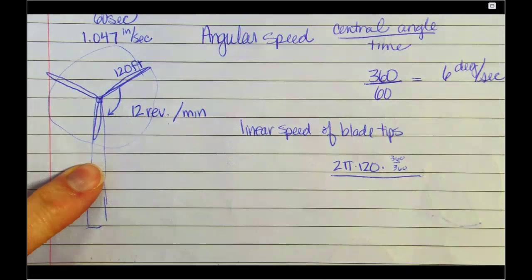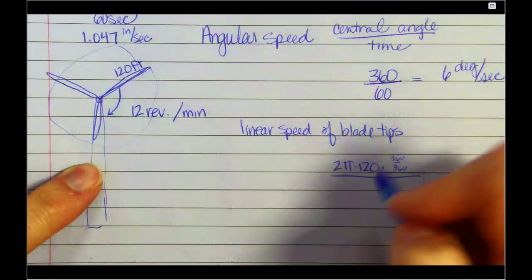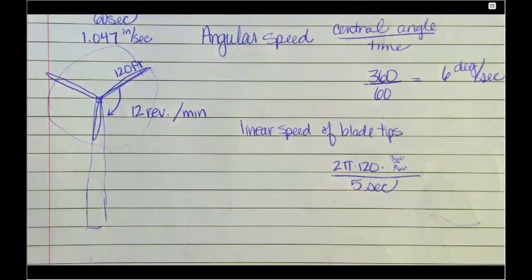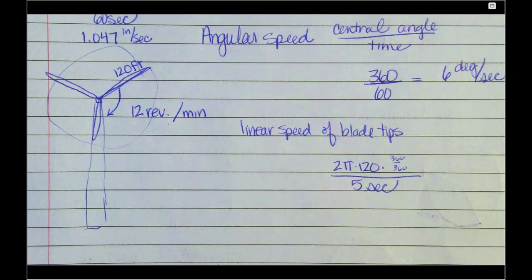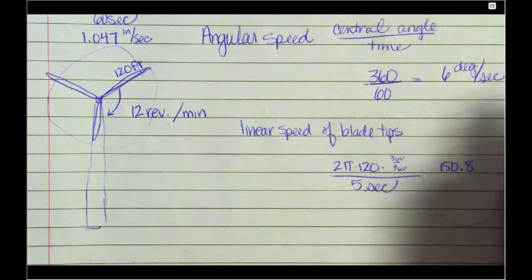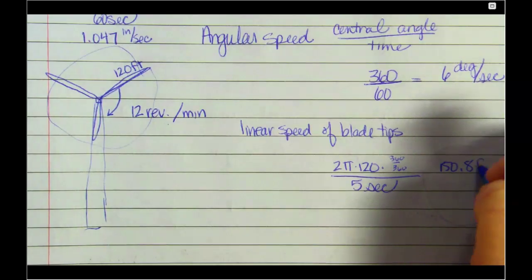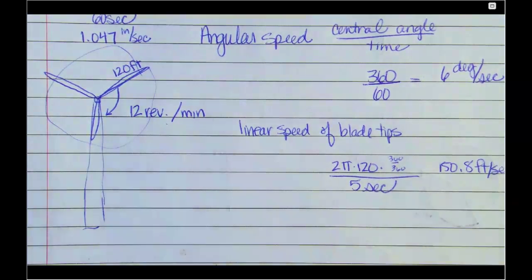So the time would be 5 seconds to do that. Then you can math it out. 2 pi 120 divided by 5. So 150.8 basically. 150.8 feet per second. That's really fast.